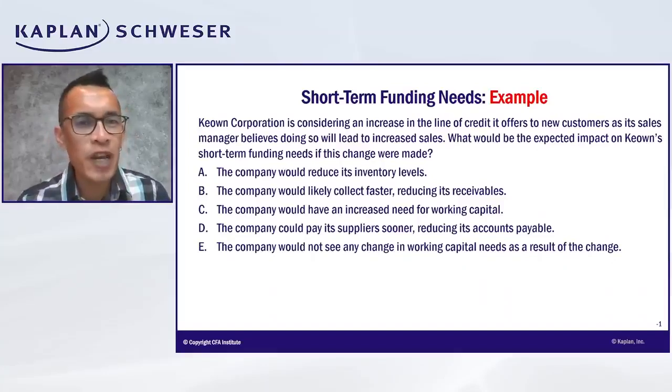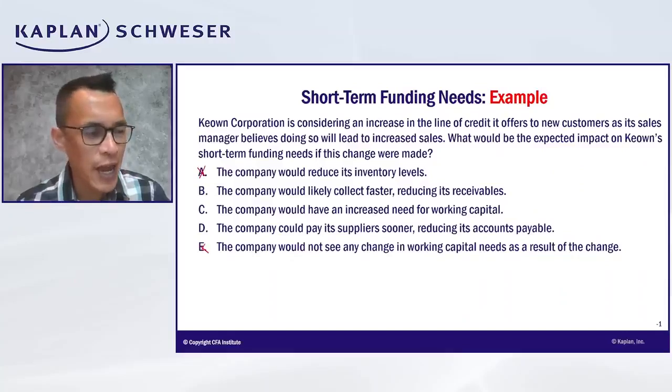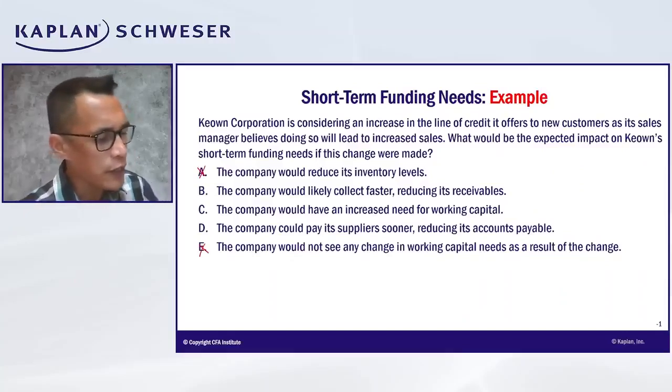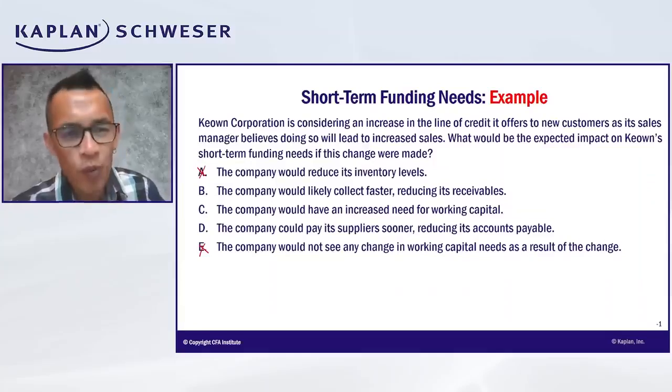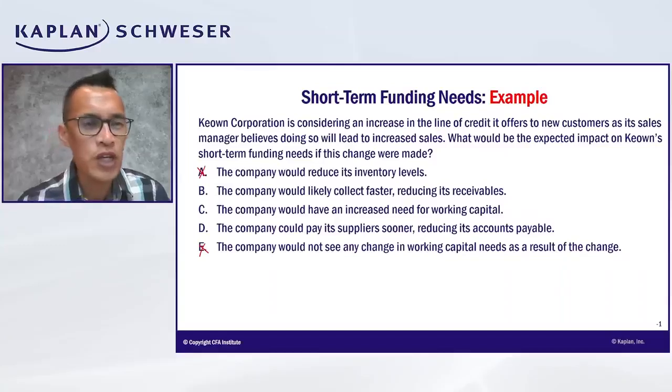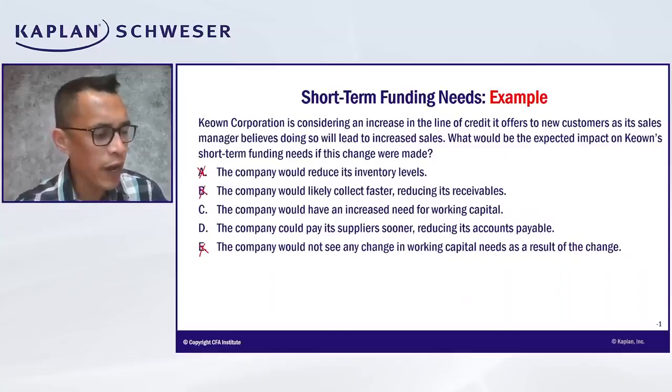Okay, so what we're saying about the AR is that it is going to, of course, eliminate choices A and E, right? There will be more inventory and more AR needed to support the sales. Getting rid of A and E, and there's not enough information to select B, so we're not going to pick that.